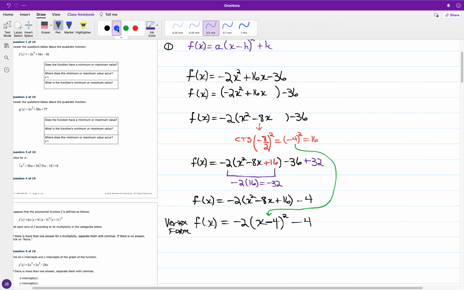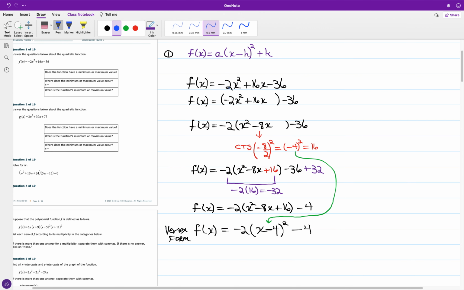And now, just looking at what we have for a, h, and k. So a corresponds to negative 2. And now a is a negative value. And since a is negative, that is, since it is less than 0, the graph is going to open down from the vertex.